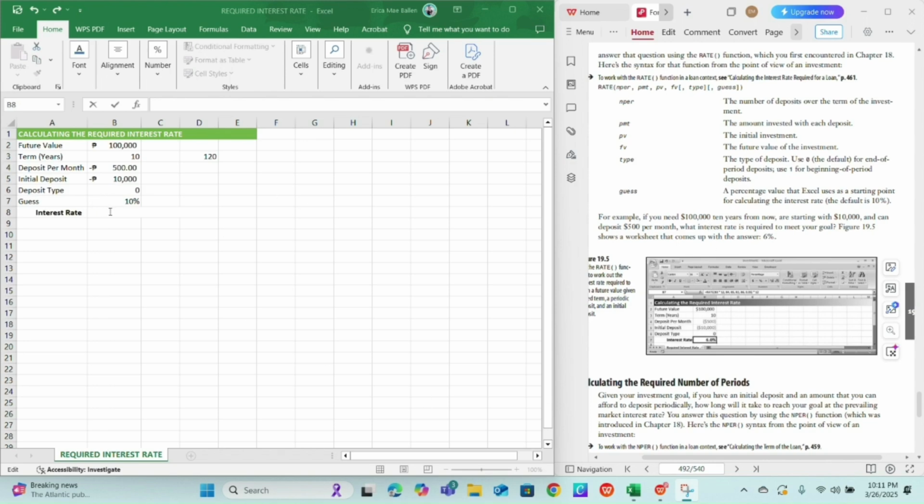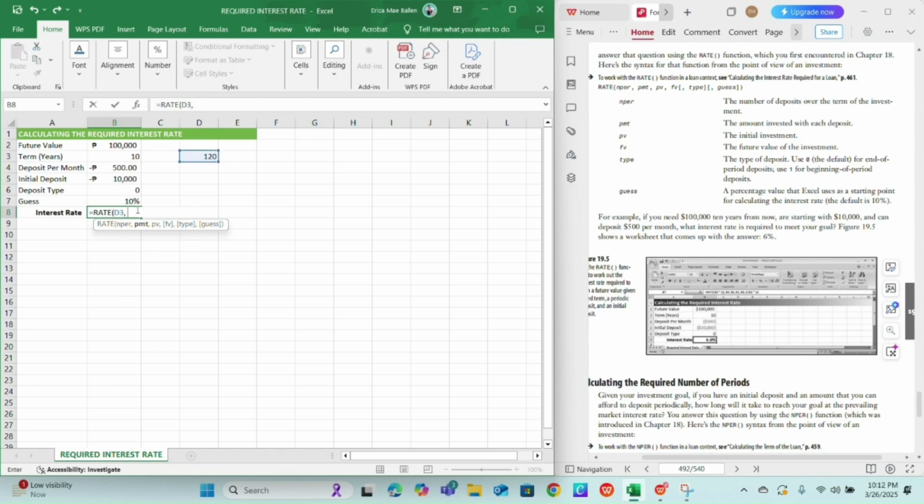To get the interest rate, let's use the rate function. Don't forget to put the equal sign every functions. Then rate, open and close parentheses, and nper, or the number of deposits over the term of the investment, which is 120 kasi 10 years times 12 months.